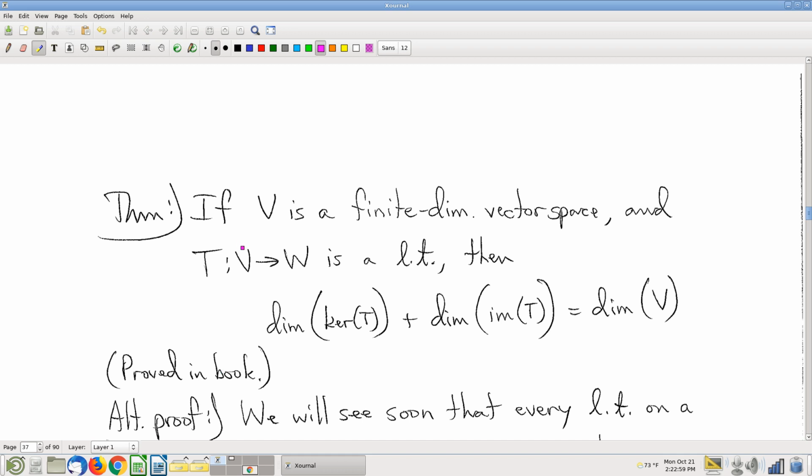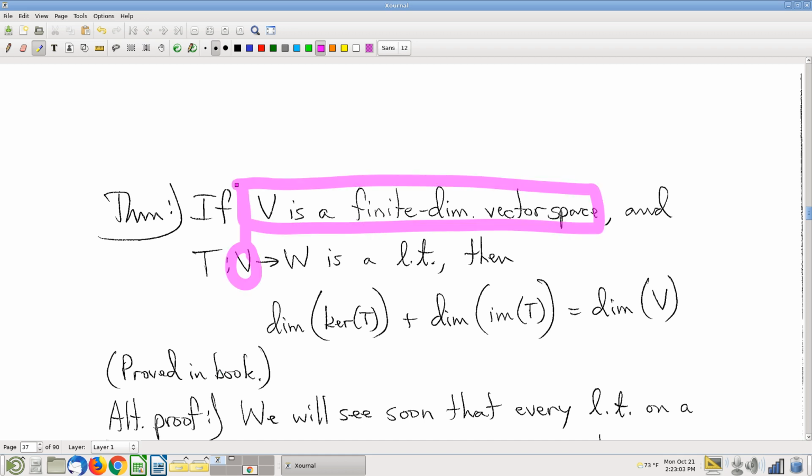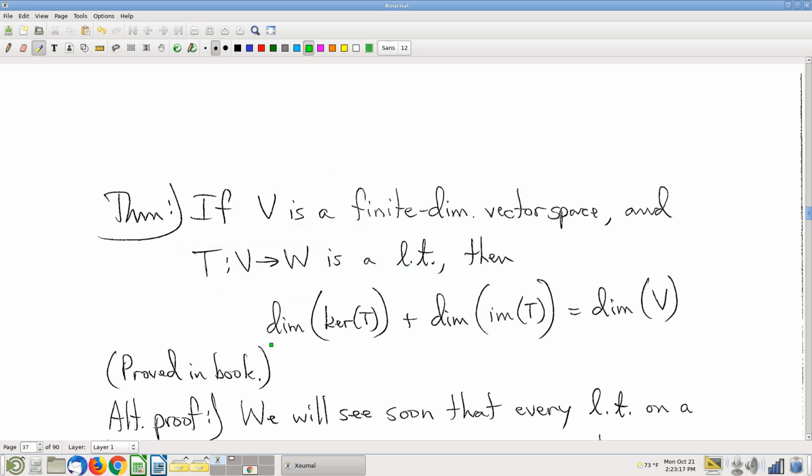If you have a finite dimensional vector space, very important, and if you have a function that is a linear transformation defined on that finite dimensional vector space, then the super awesome result is that the dimension of the kernel plus the dimension of the image is equal to the dimension of the domain. Very surprising that these things would be related.